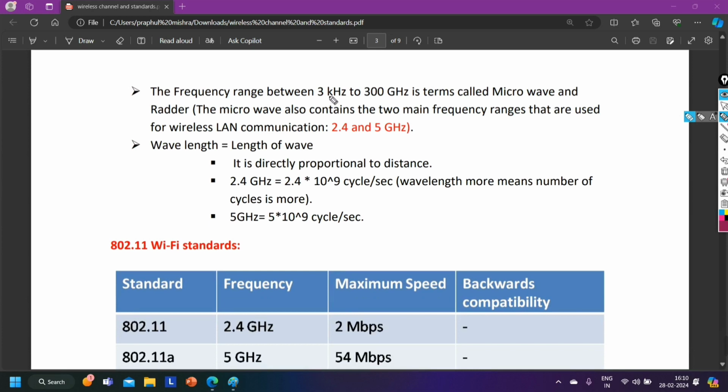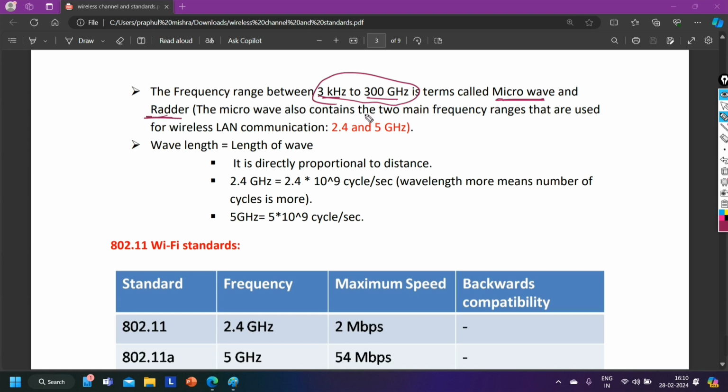The frequency range between 3 kilohertz to 300 gigahertz is termed microwave and radar. This is just an example in front of you. You can ignore it, it is again not important to understand wireless networking. So if you have frequency in this range, that can be known as microwave, or you can say radar.